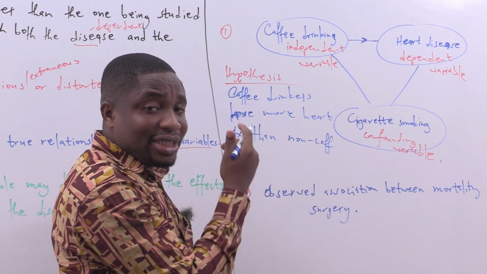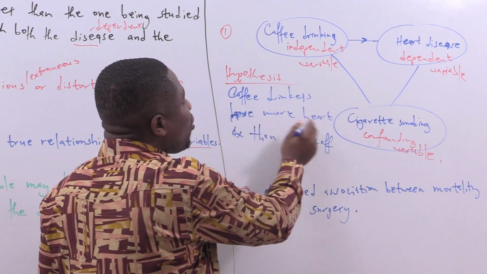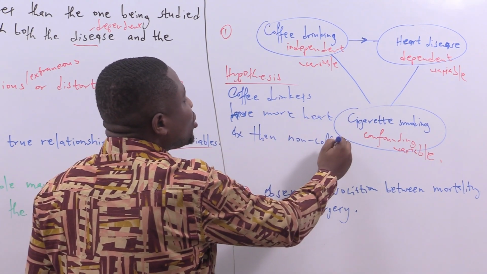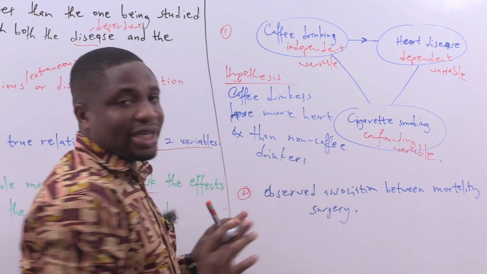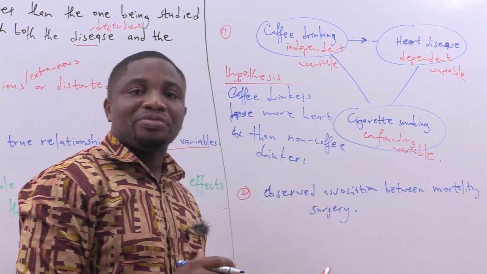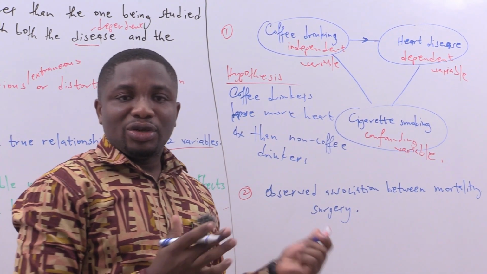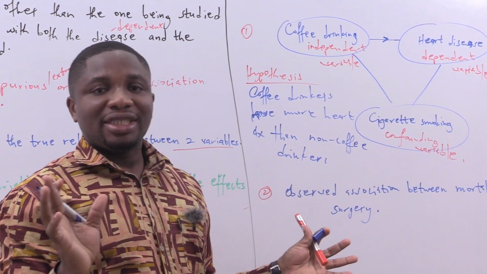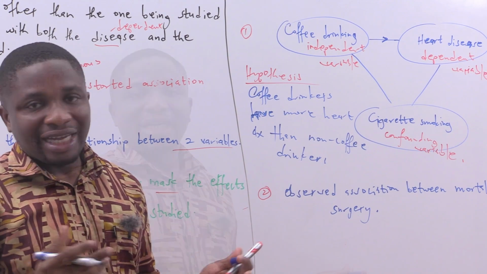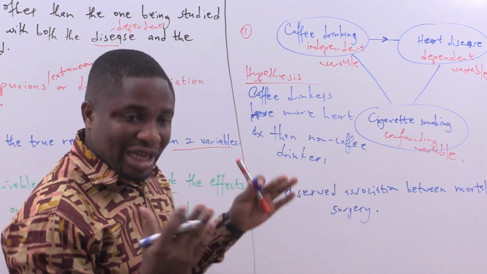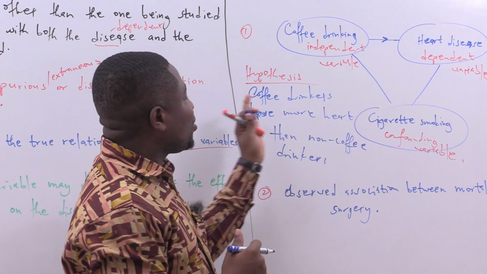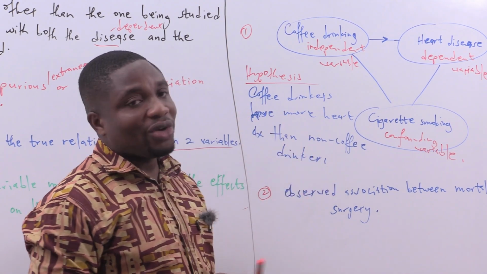Let's take the hypothesis that coffee drinkers have more heart disease than non-coffee drinkers, that is, those who don't drink coffee. It's just a hypothesis. It is not really a true statement until proven. A hypothesis is any statement that is yet to be proven. So we are creating this hypothesis that coffee drinkers have more heart disease than non-coffee drinkers.